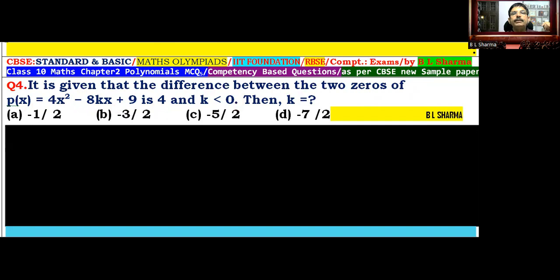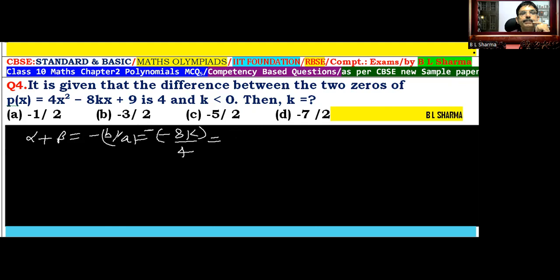Then what will be the value of k? देखिए, difference of zeros यहाँ पे दे रखा है, and we know that the sum of zeros, let alpha and beta be the zeros, is given by minus b upon a, means the coefficient of x, that is 8k, upon the coefficient of x squared, that is 4.